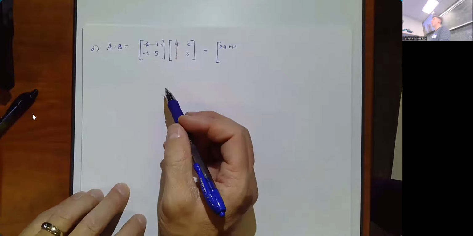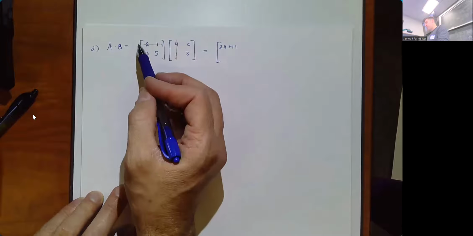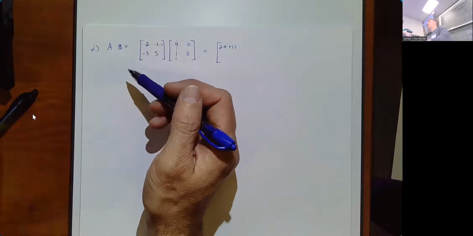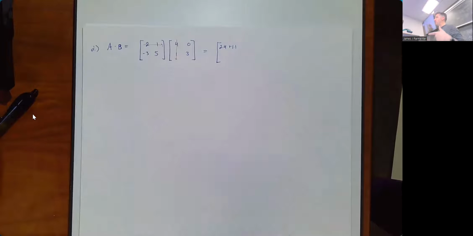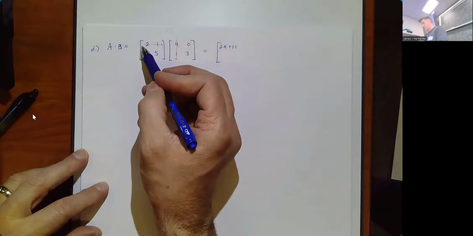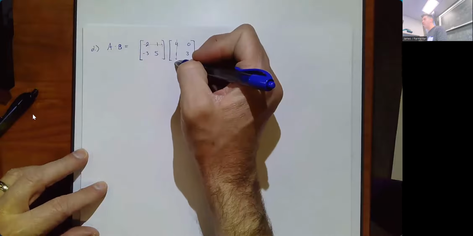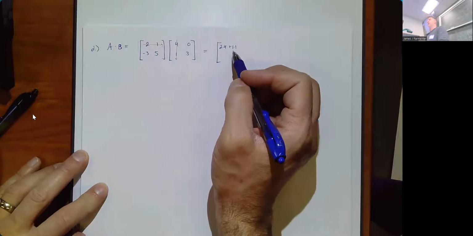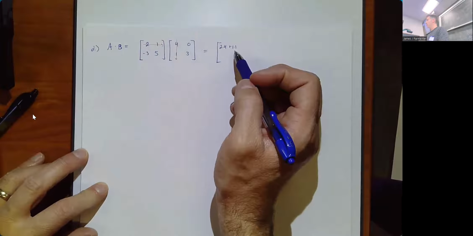Oh, look, check this out. This is kind of neat. I'm going to say multiply accidentally a few times here, because when you say you multiply a row by a column, everyone knows you mean you're dotting them together. But bear with me if I say multiply when I should say dot. When I dot the first row with the first column, I get the entry that's in the first row and the first column.